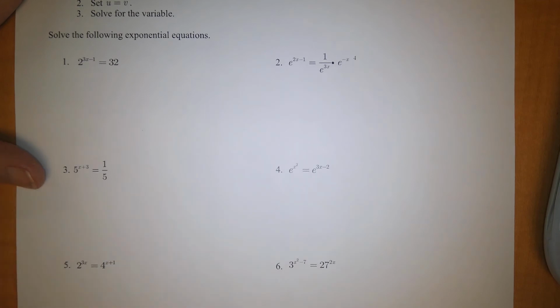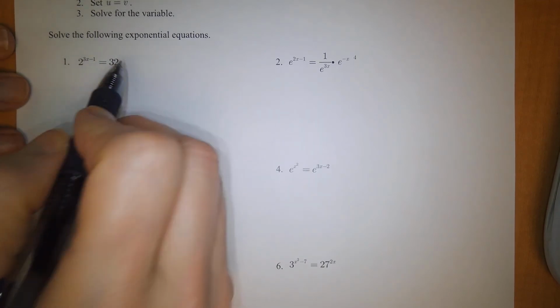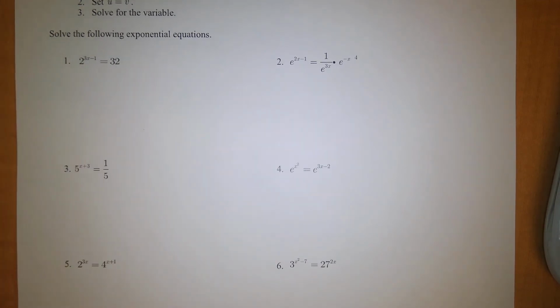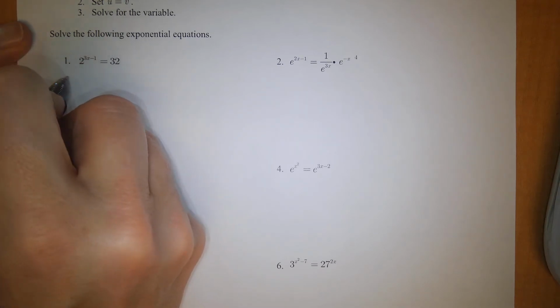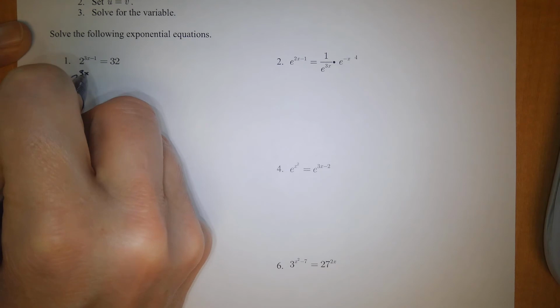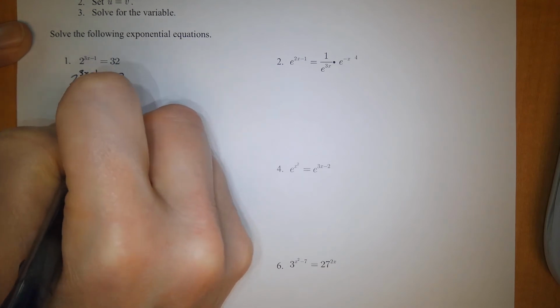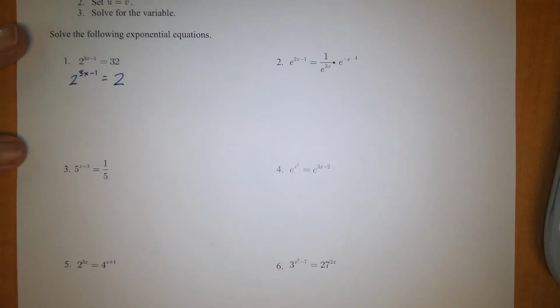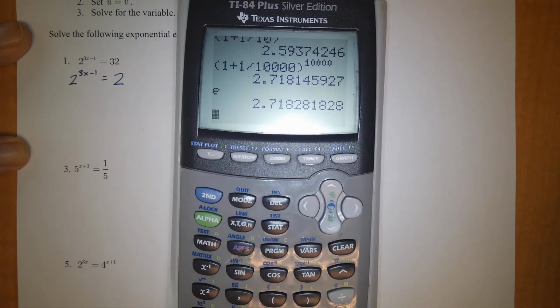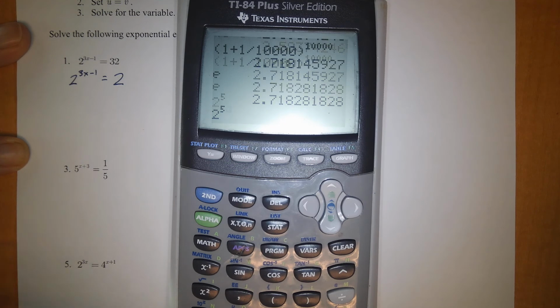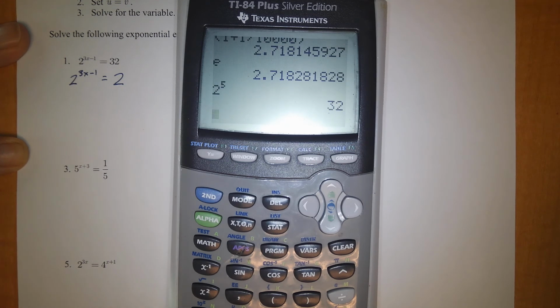So to solve for these particular equations, I'm going to try to get the bases to be the same. That's going to be my whole goal. This has a base of 2. That's as small as it can get. I'd like to rewrite 32 with a base of 2. Well, you might just have to play around with this, but 2 to the 5th power is 32.